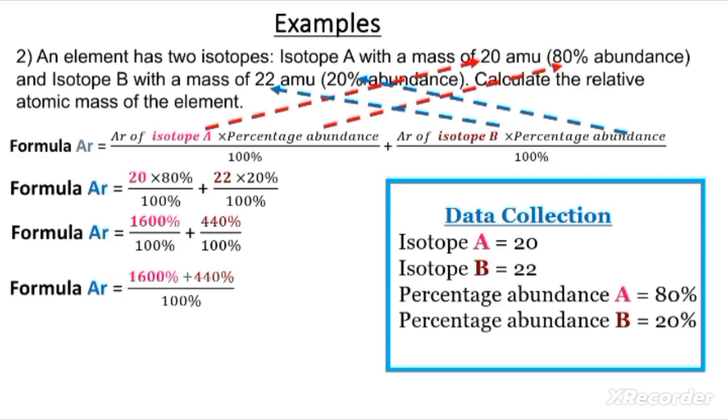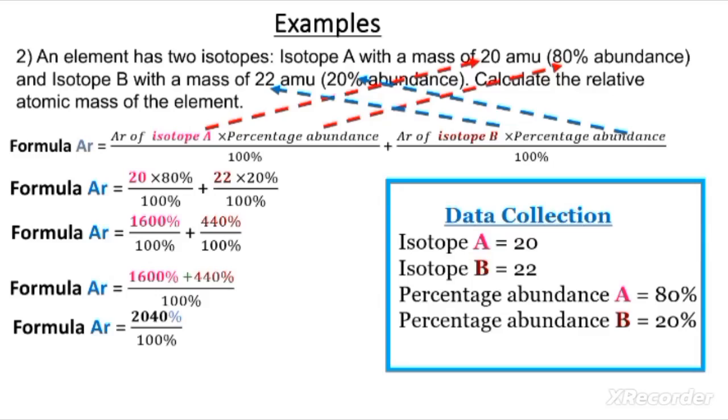So if we say 1600 plus 440, we are going to get 2040 divided by 100. We are going to get 2040 divided by 100%.